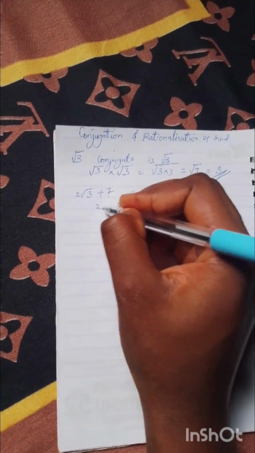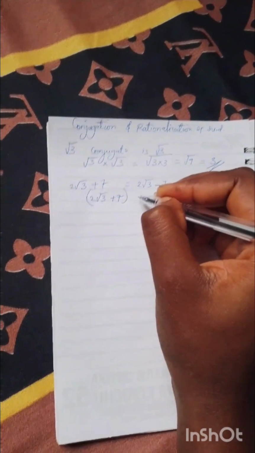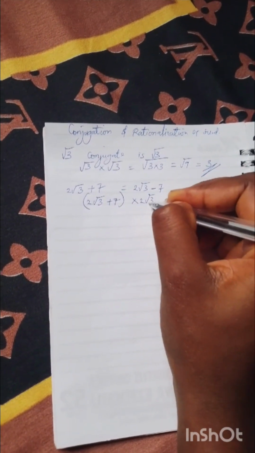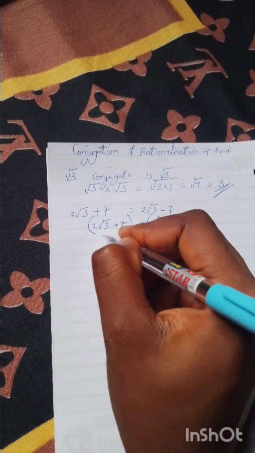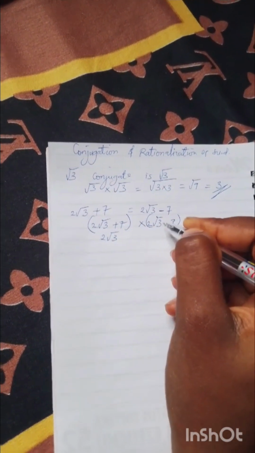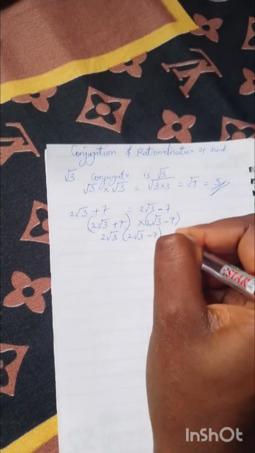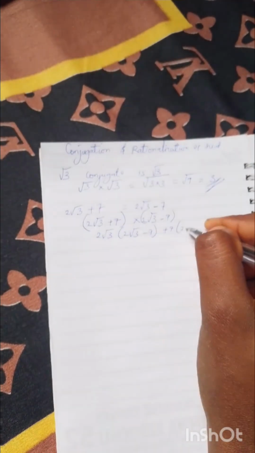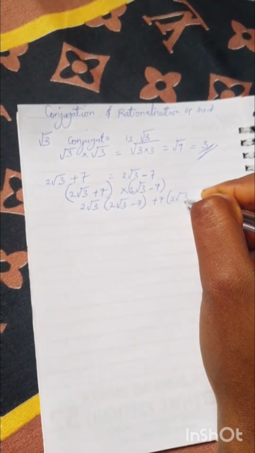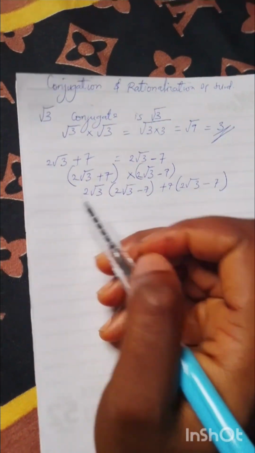So we have (2 root 3 plus 7) in brackets multiplied by (2 root 3 minus 7). I'm going to be having 2 root 3 into everything that I have here, which is 2 root 3 minus 7, and then plus 7 into everything I have here, to get 2 root 3 minus 7.